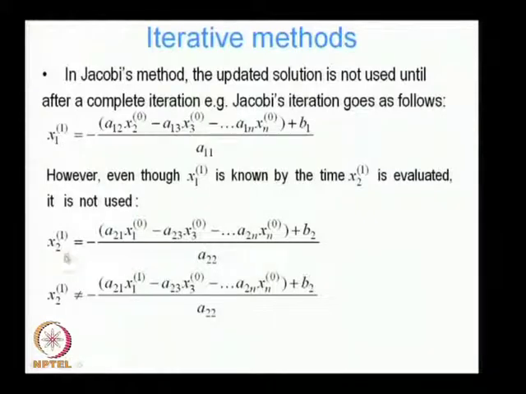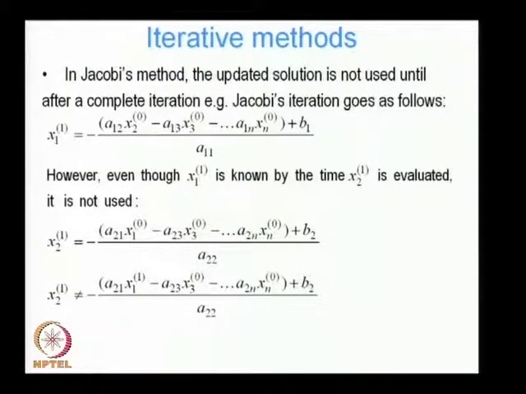So, when the time comes to compute x2 1, we could have put in x1 1, but we actually put the values from the previous iteration. So, we persist with the value of x1 0 rather than using x1 1, the value that is known. And x3 we do not know yet the updated value for iteration 1, so we use the x3 0 value.